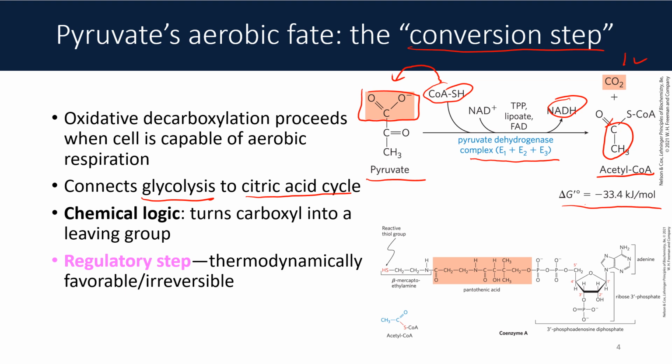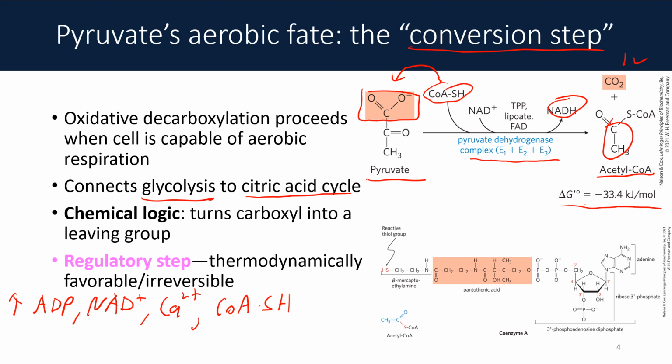The entities that allosterically activate pyruvate dehydrogenase complex include ADP, NAD+, calcium 2+, and coenzyme A. Think about the rationale here.